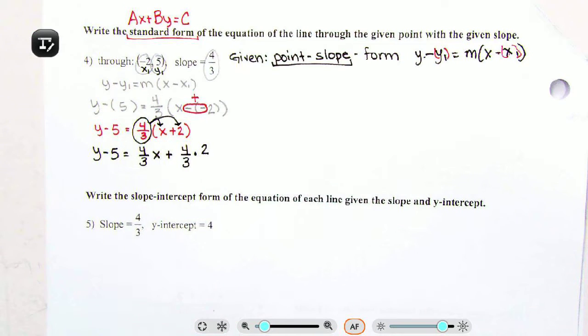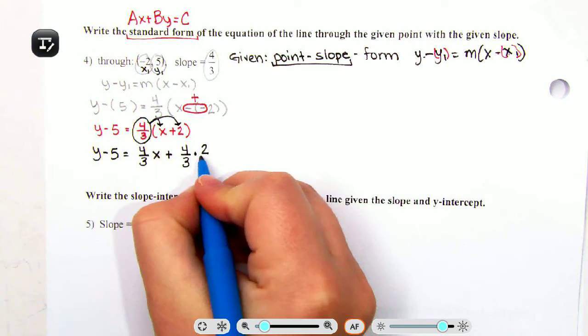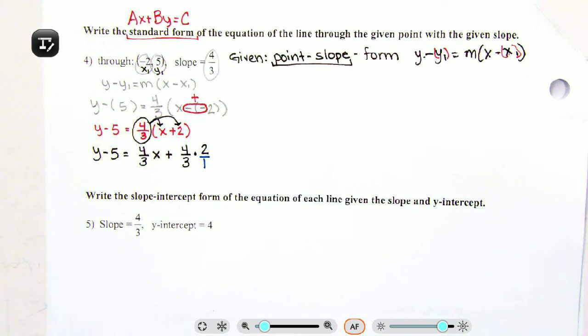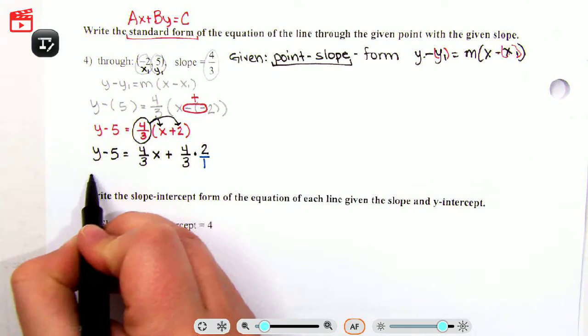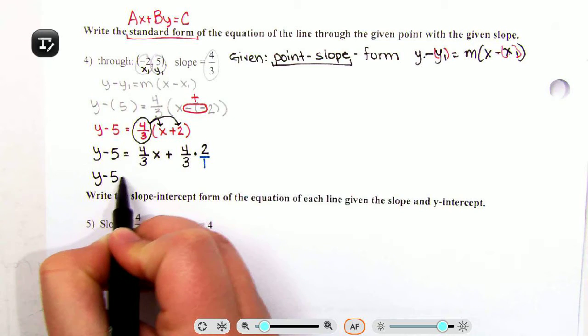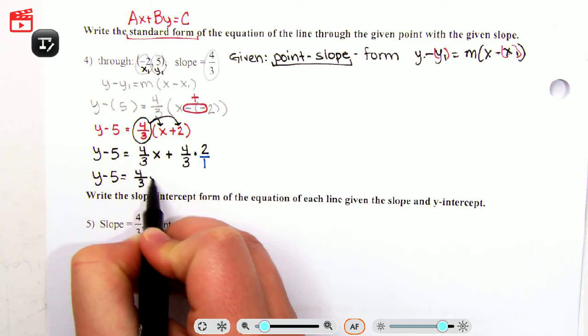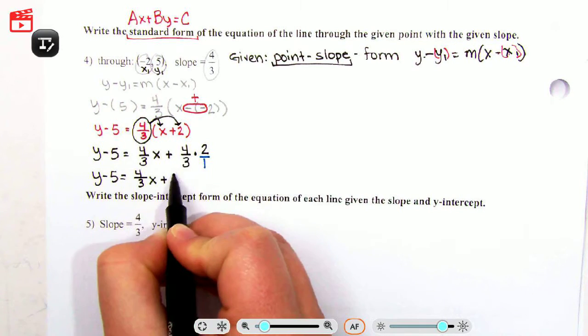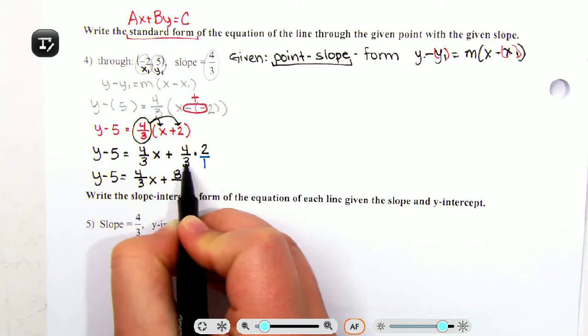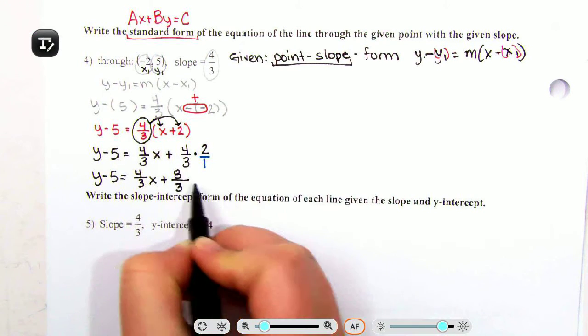Now I wrote this a specific way because when you multiply a fraction by a whole number, you make that whole number into a fraction and then you multiply. So what we really have is y minus 5 is equal to 4/3 x plus 4 times 2 is 8, 3 times 1 is 3.